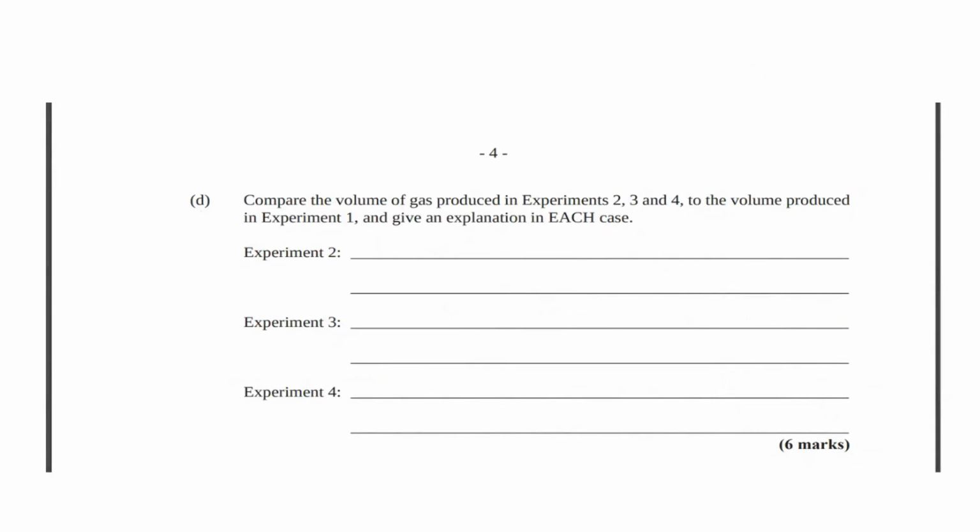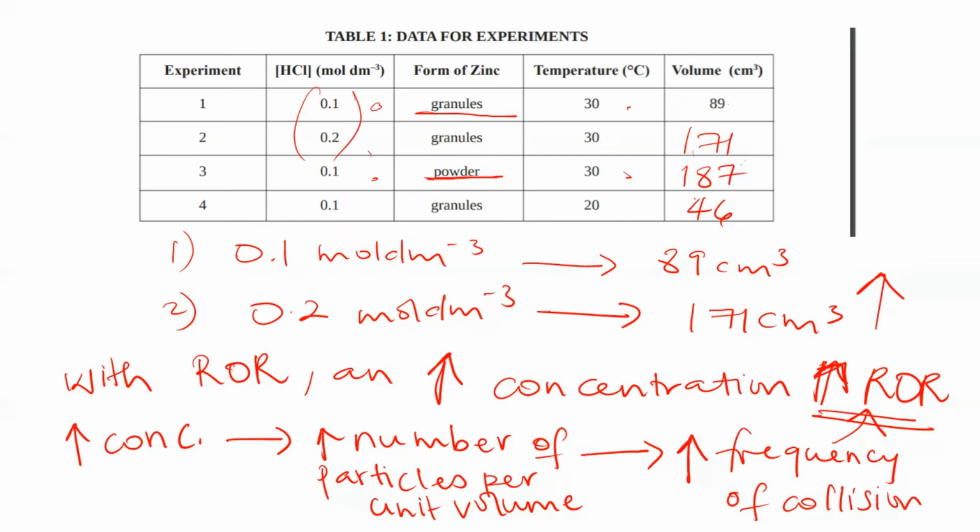So the final one is experiment 1 and experiment 4. And what's the difference between experiment 1 and experiment 4? I hope you're following, you have the same concentration for the hydrochloric acid. You have the same form of zinc, but you have different temperature.